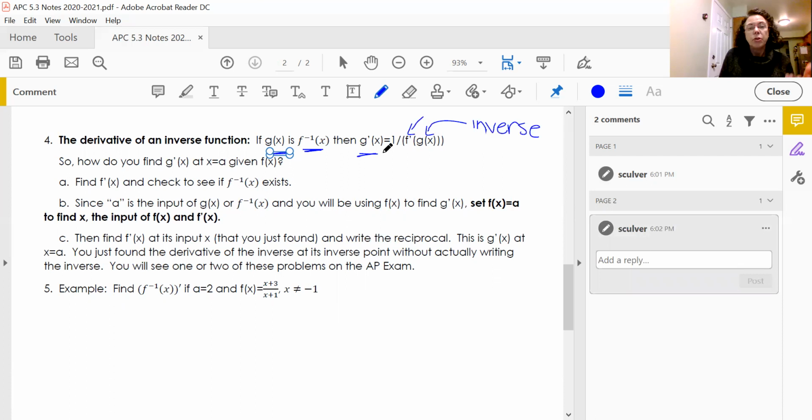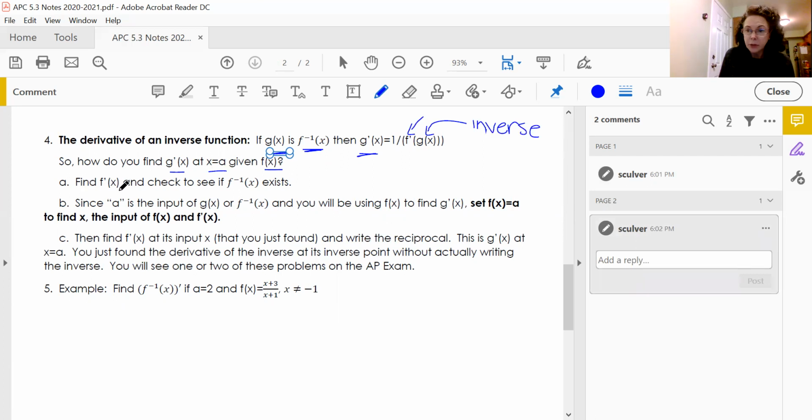Okay, so how do you find the derivative of the inverse function at the input of the inverse function when you've only been given the original function? So just so you know, even as a calculus teacher, when I see it on the AP exam, I have to straighten it out in my head. Okay, let's read the steps and then I'll say the steps.